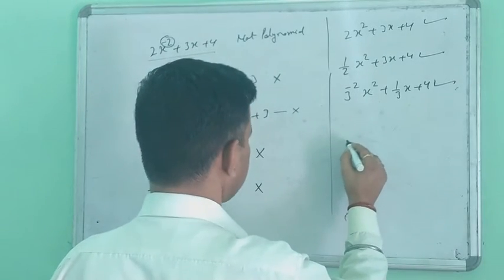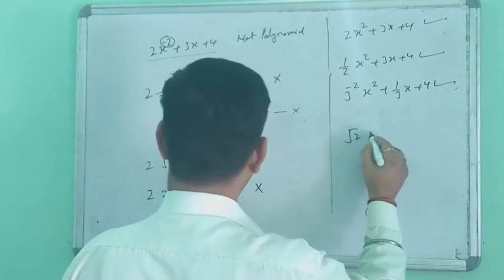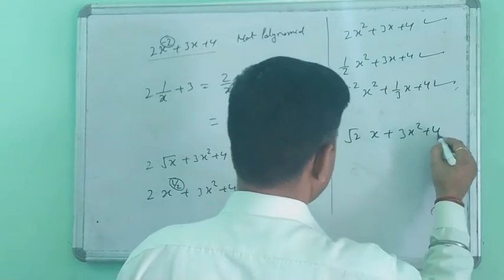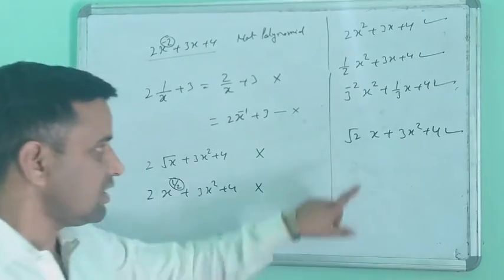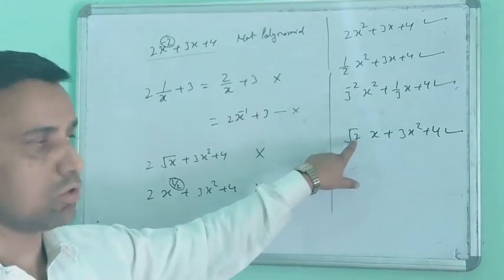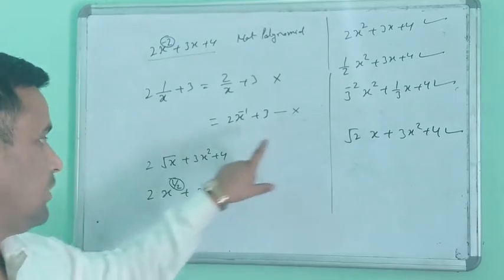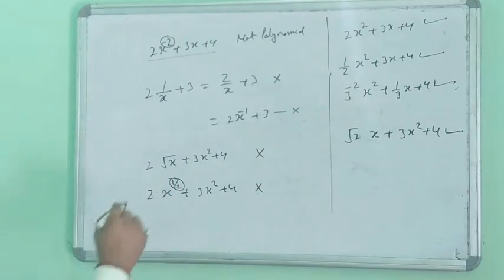Same rule for the constant number: root 2 x plus 3x square plus 4. This is also a polynomial because the root is applied only to the constant number, not x. So this one is a polynomial, but the other is not a polynomial because the root is applied to the variable.